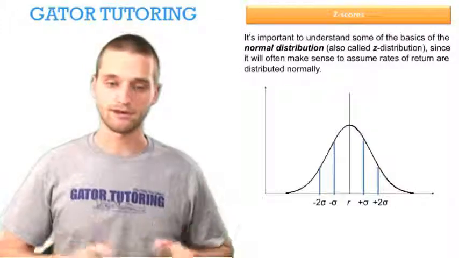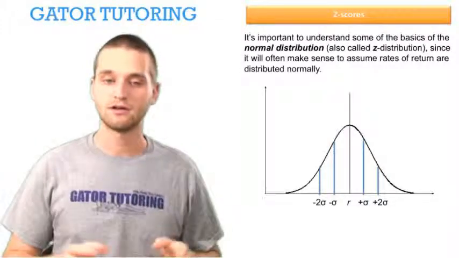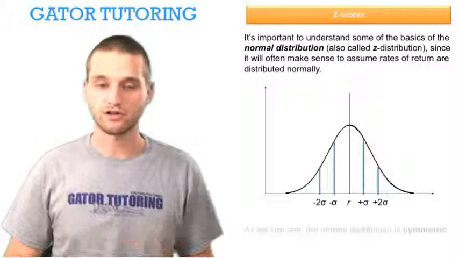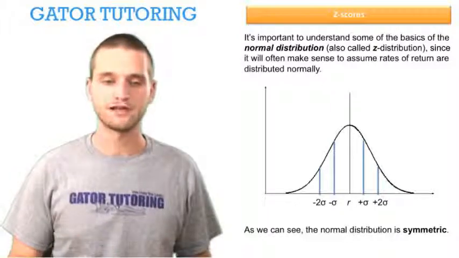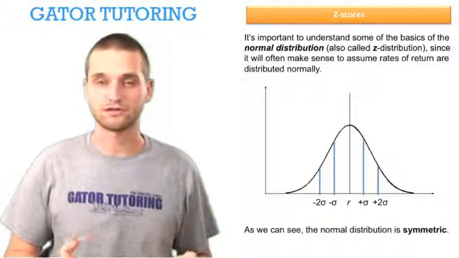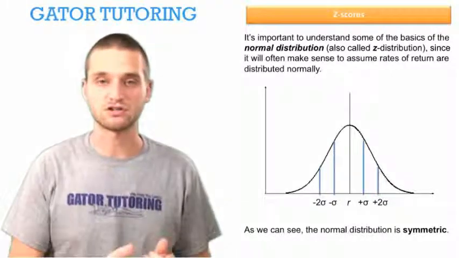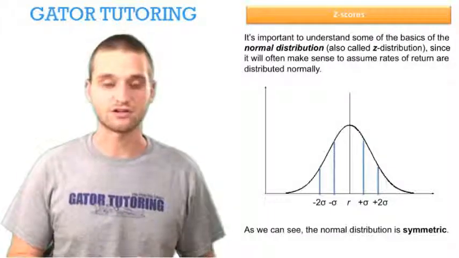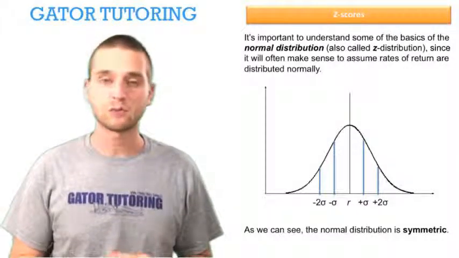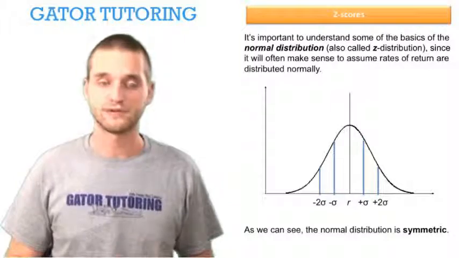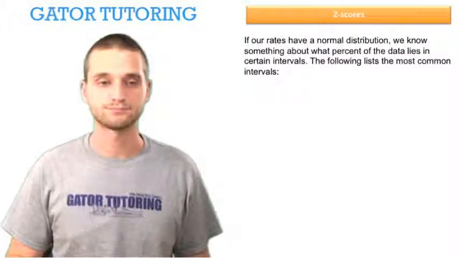And we have plus or minus 1 standard deviation away. Here shows plus or minus 2 standard deviations away, etc. And you can get all the numbers in between as well. There's such things as 1.5 standard deviations or 0.6 standard deviations. But as we can see, the normal distribution is symmetric, and that'll be important later on, we'll see.